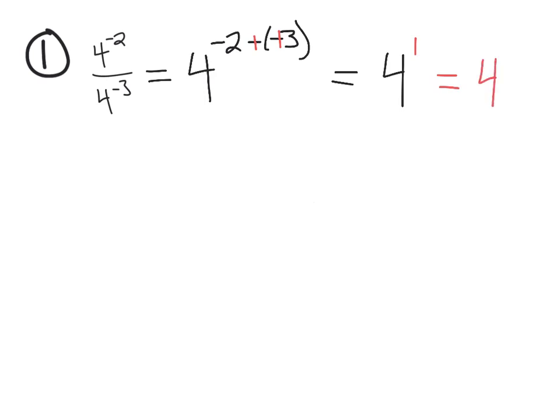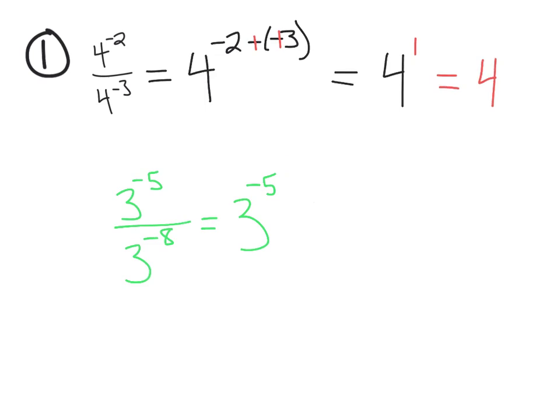If we had something, I'm just going to make this up on the fly here, if we had something like this, okay, similar thing, I'm going to take the exponents and subtract them.